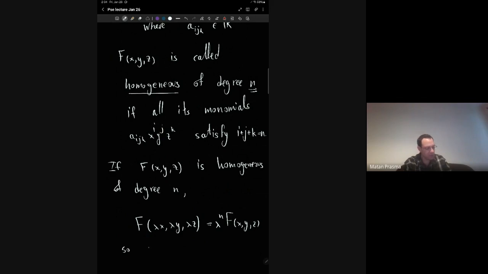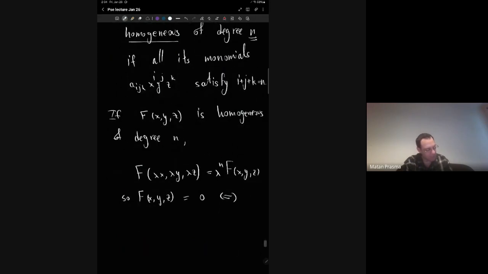So F(x, y, z) is 0 if and only if F(lambda x, lambda y, lambda z) is 0.